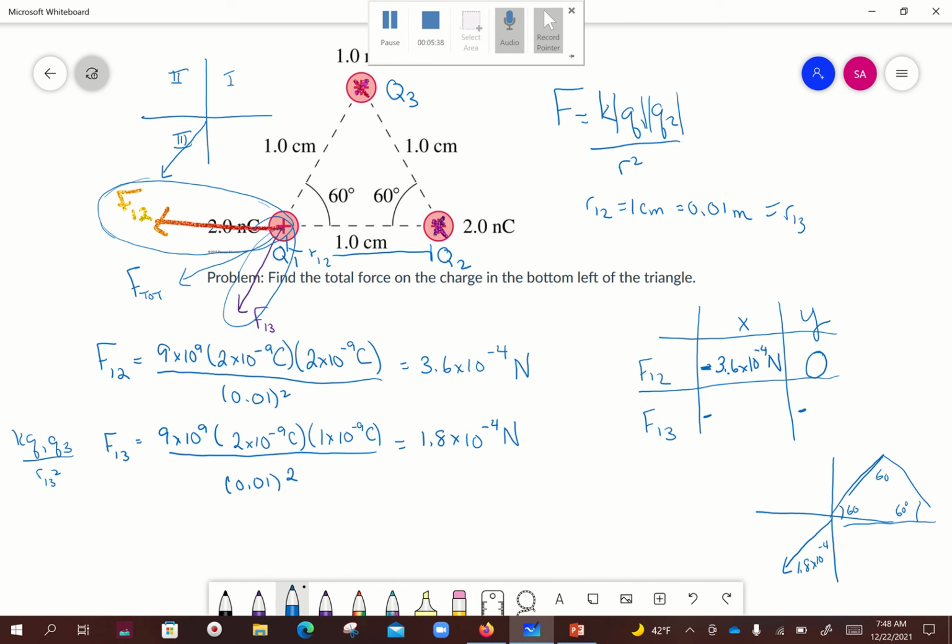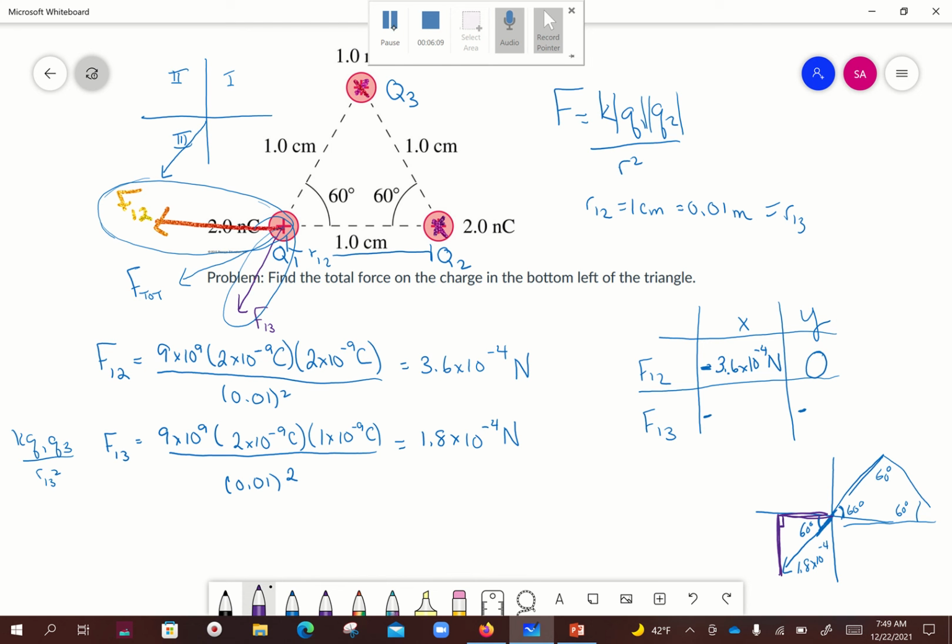They're all equal angles and add up to 180. So the angle here is 60, and this angle here also has to be 60 degrees. If I want to find the components, I'm going to have to break it into x and y components. The y component is the vertical side, and the x component is the horizontal side of this right angle triangle.